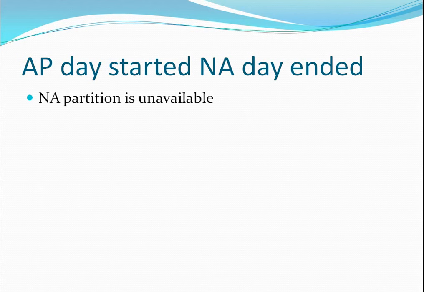Now we have a problem. The NA partition is unavailable. There is an issue with the partition, it's unavailable. The transaction table, obviously, we store the data on the database on different storage racks. So where the NA data is being stored, that storage has some electricity issue or some other issue, and that particular partition is unavailable.